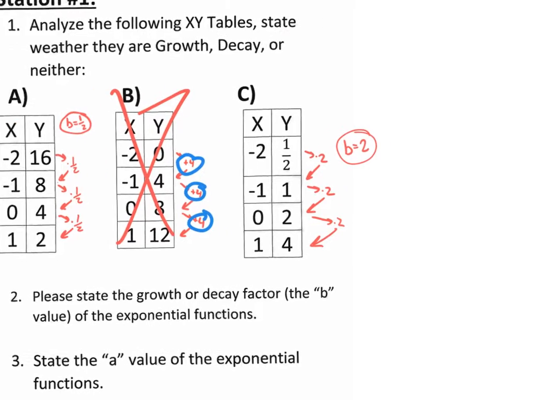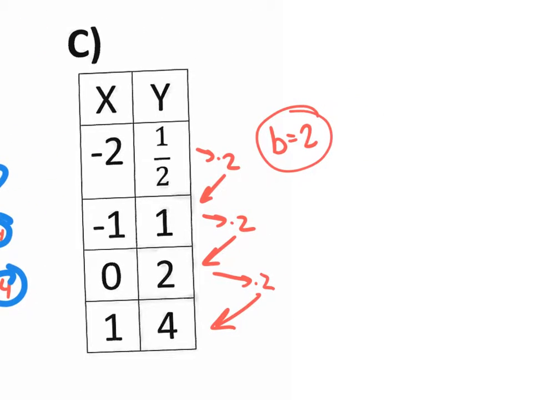Now, we could take this a step further. Like, let's say I wanted to actually write the equation of this XY table. So we know that equations look like y equals a times b to the x plus k. We know that this way it's growing, right? 1/2, 1, 2, 4, 8, 16, 32, and so on and so on.